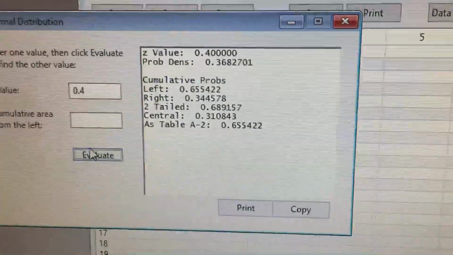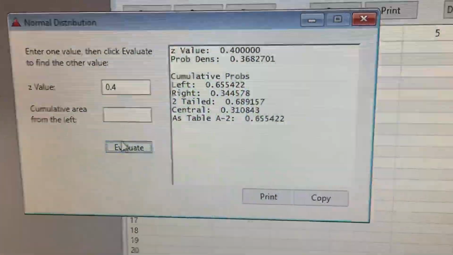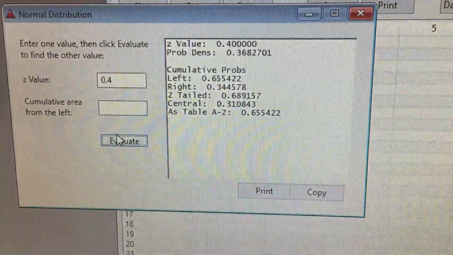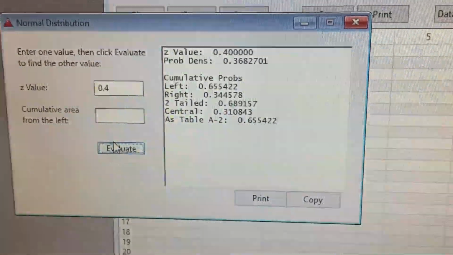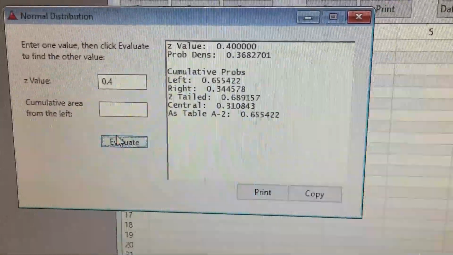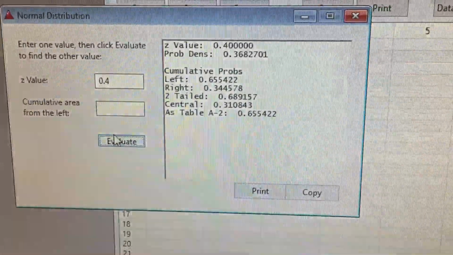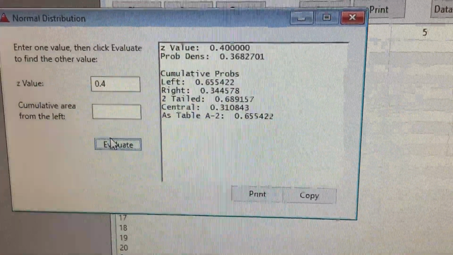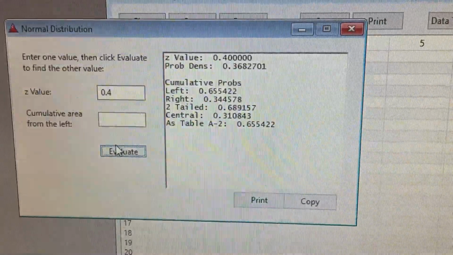Now in this case here, you're going to get this output right here. The z value is 0.4, and underneath that are cumulative probabilities: one from the left to the right, two tails, central, and as table A-2. You want to select the one that says the cumulative probability from the left.